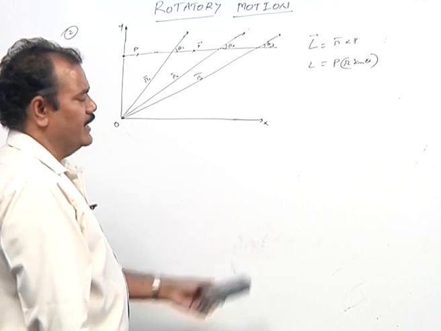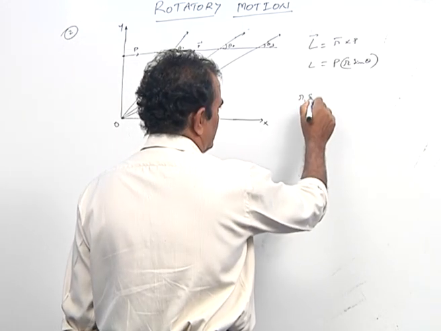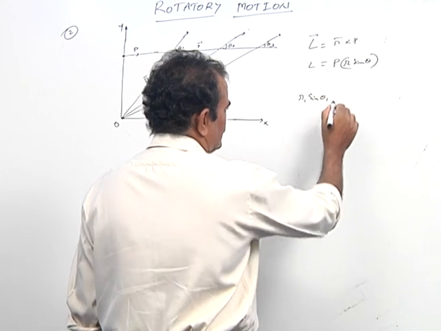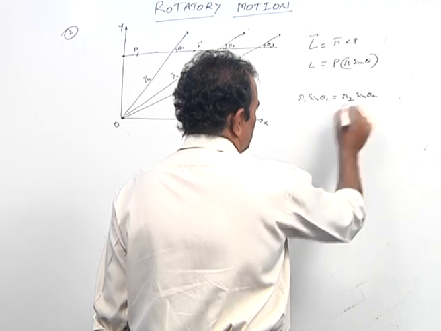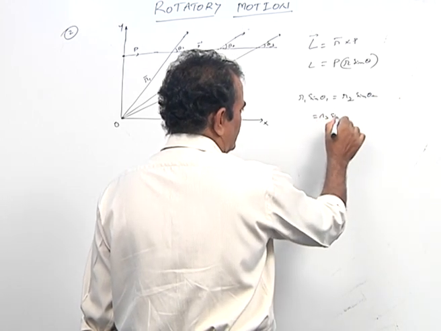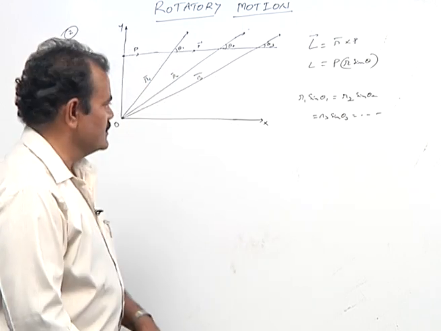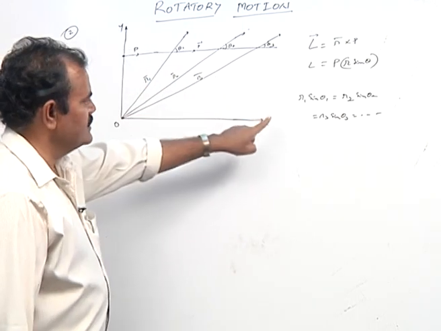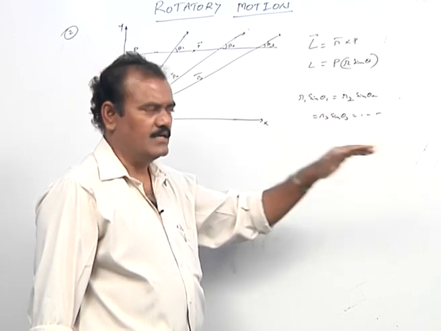From that we can conclude that R1 sin theta 1 is equal to R2 sin theta 2 is equal to R3 sin theta 3, and that remains a constant.